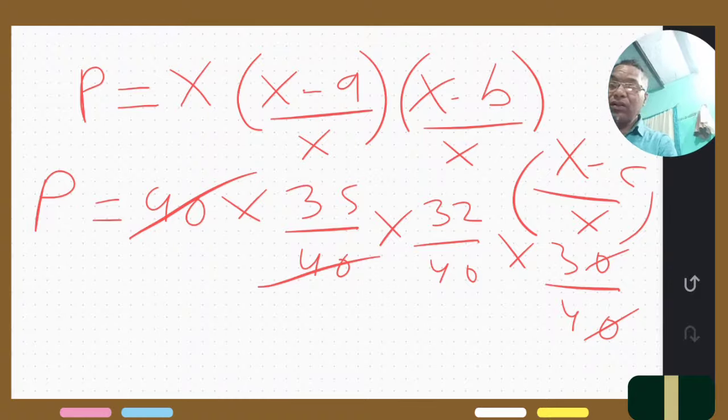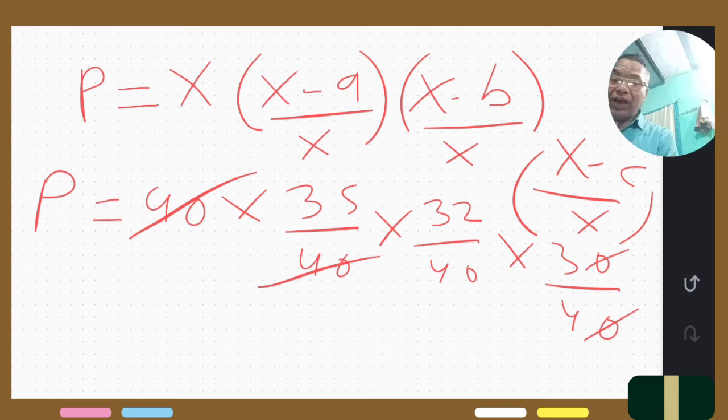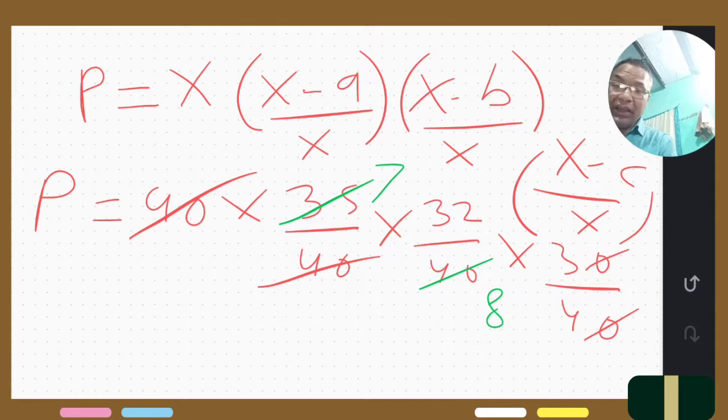Now 5 7s are 35 and 5 8s are 40, and 8 1s are 8 and 8 4s are 32. So what is left here?